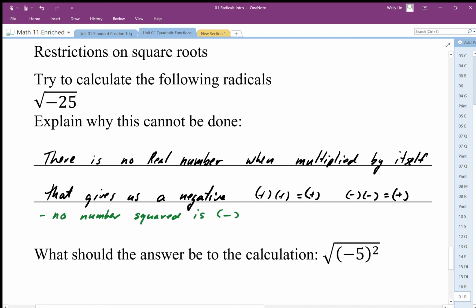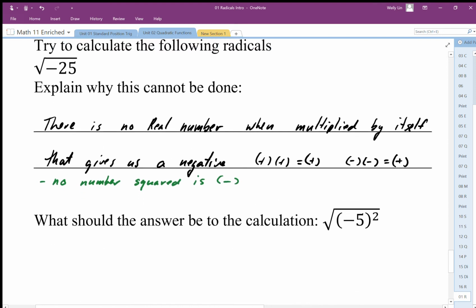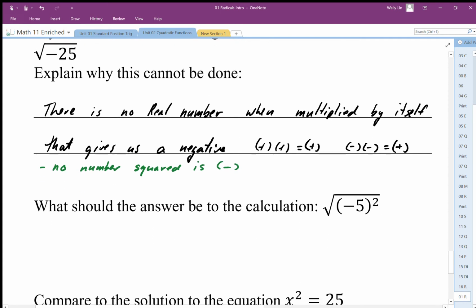So there's a bit of a problem there. There are some restrictions to the domain of square roots. We cannot square root negative numbers.